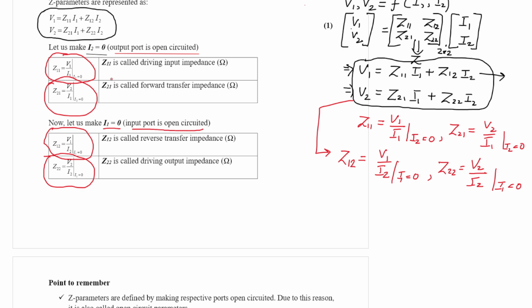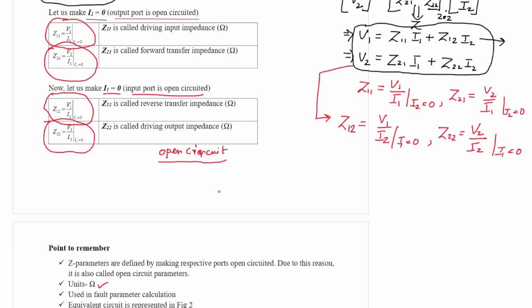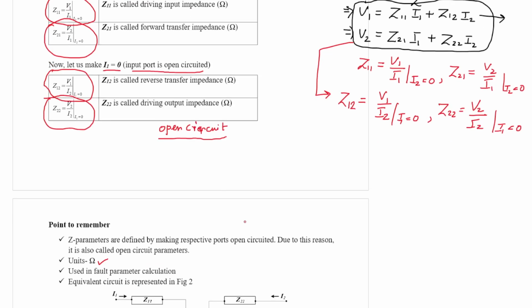That means in both cases we are making currents equal to 0, that is, we are open circuiting both the terminals, input port and output port. That is why Z parameters are also called open circuit parameters.